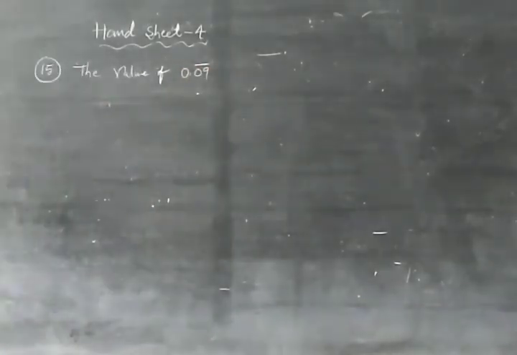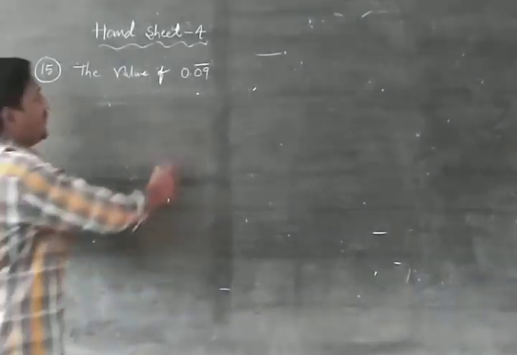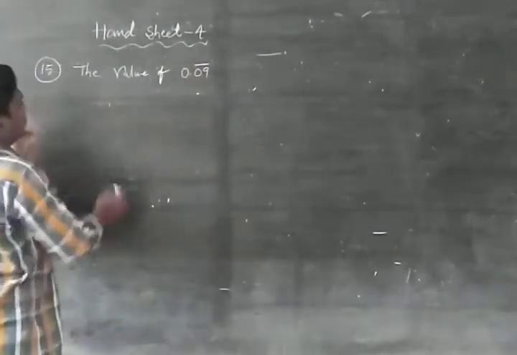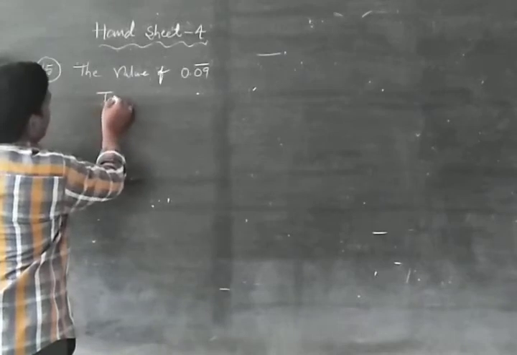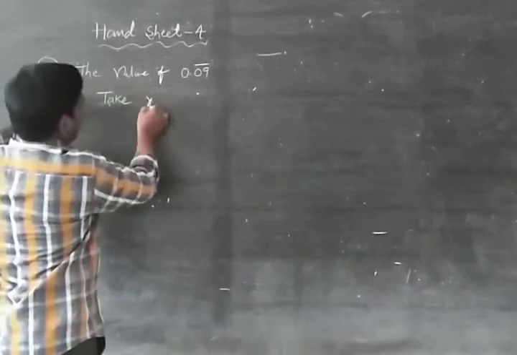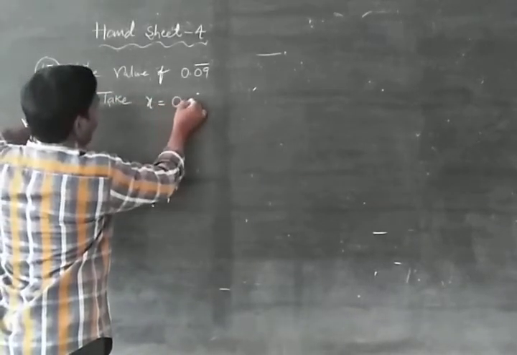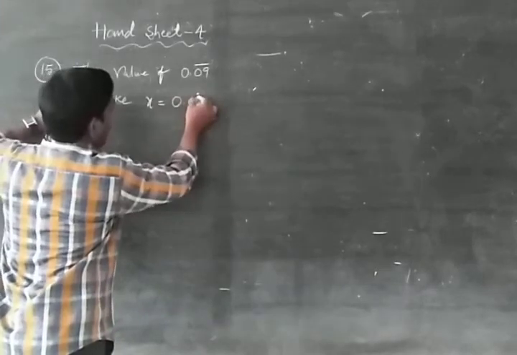It is a repeating decimal. Now take x equal to 0.09 bar.